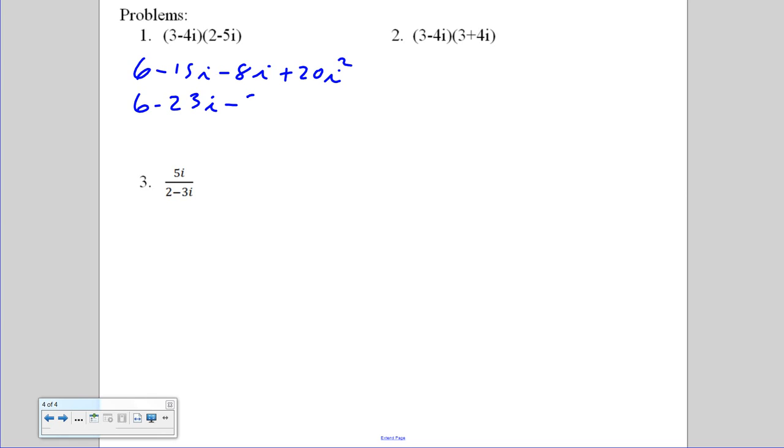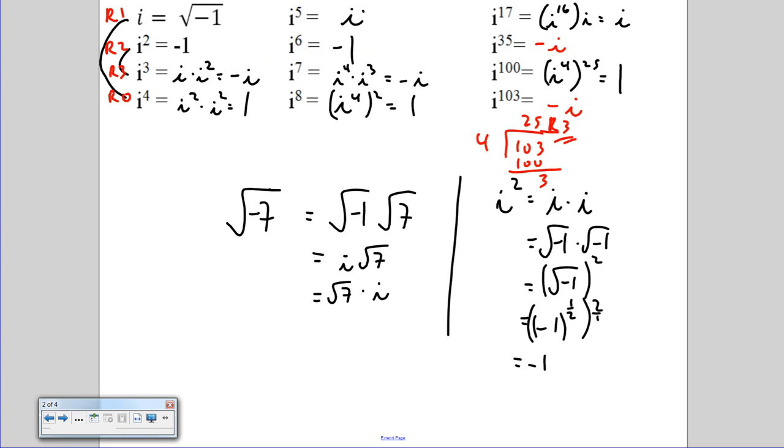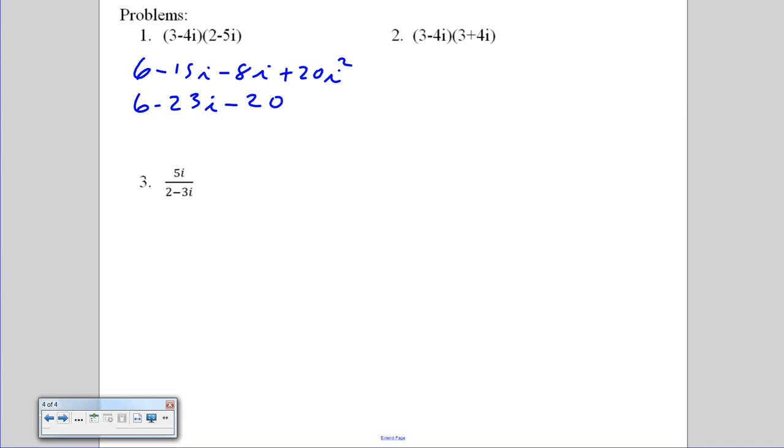So it's really minus 20. i squared is negative 1. We saw that in the other slide, right? i squared is negative 1. So negative 1 times 20 is negative 20. And then I can see that my answer here is just going to be negative 14 minus 23i when you combine the like terms.